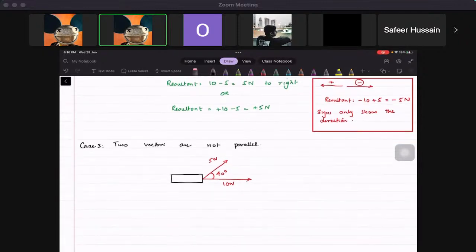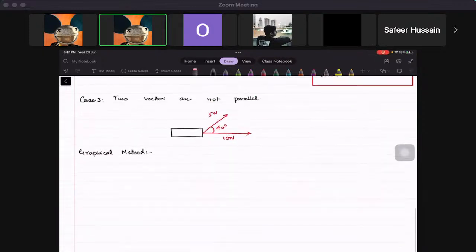First of all, we are going to learn the graphical methods, and I'm sure most of you have done it in O levels, because in O levels only graphical was there. In the graphical method, the first thing you always do is take a scale. Scale means you could say, okay, 1 centimeter is equal to 2 newtons.